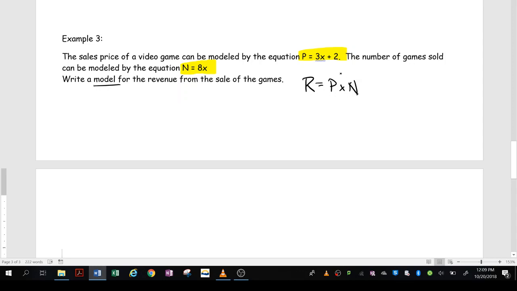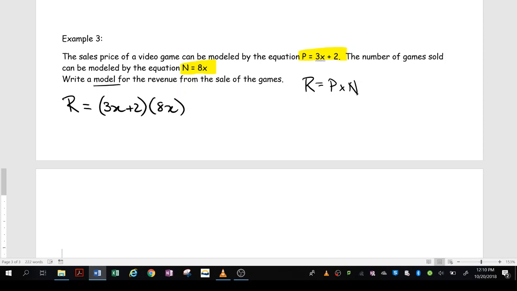So we're going to use that here, and we're going to use this value for P and this value for N. So we have revenue is equal to 3x plus 2 times 8x.